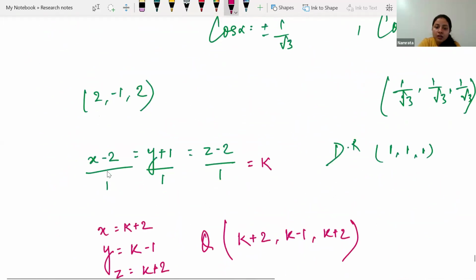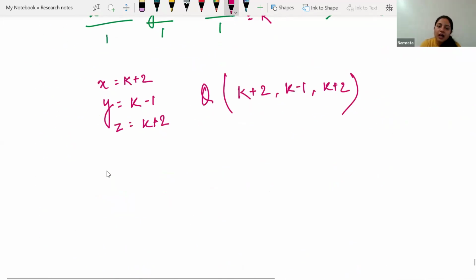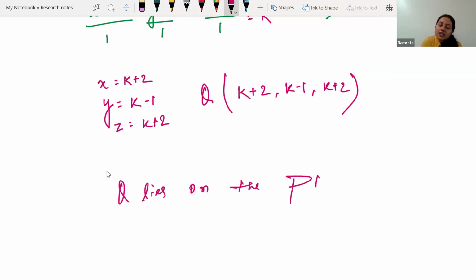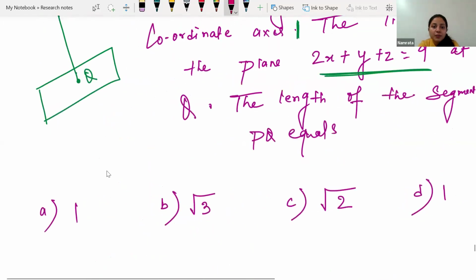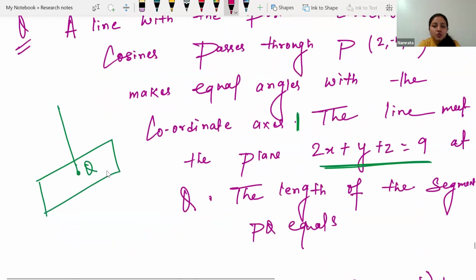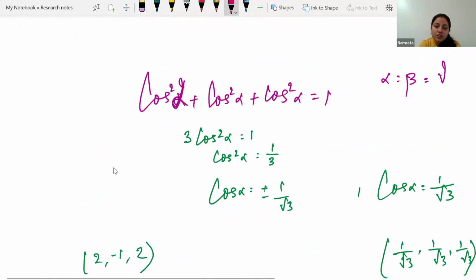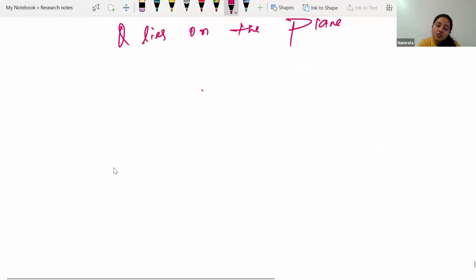So this Q which we have got from the line also lies on the plane, so it must satisfy the equation of the plane. What is the equation of the plane? The equation of the plane is 2x plus y plus z equals 9.